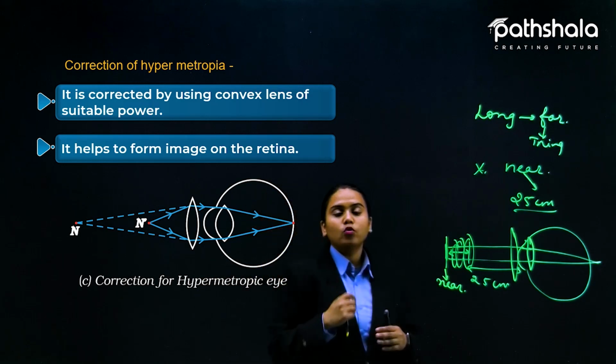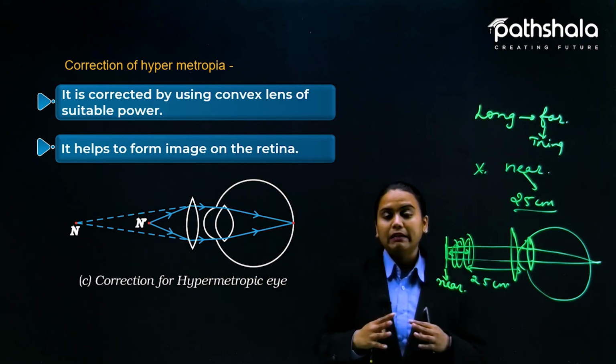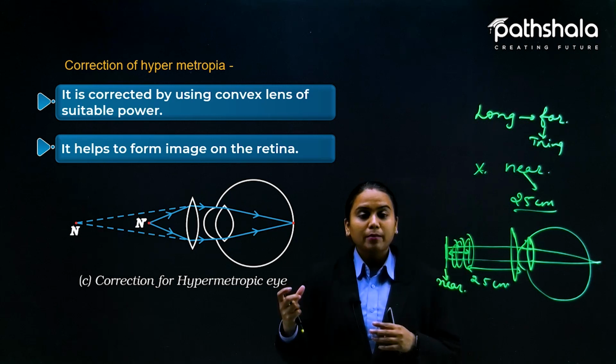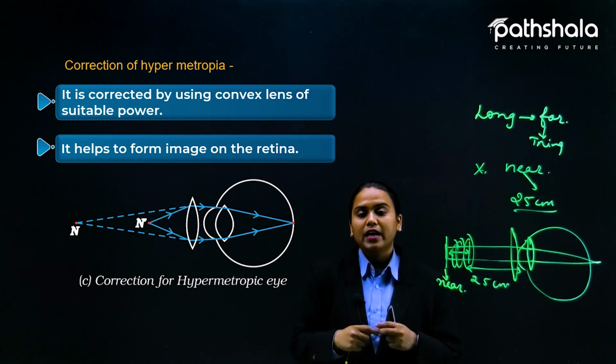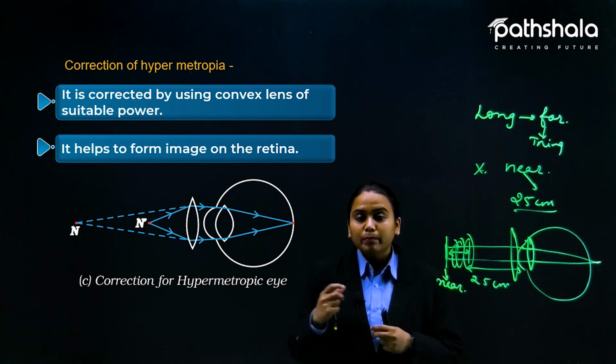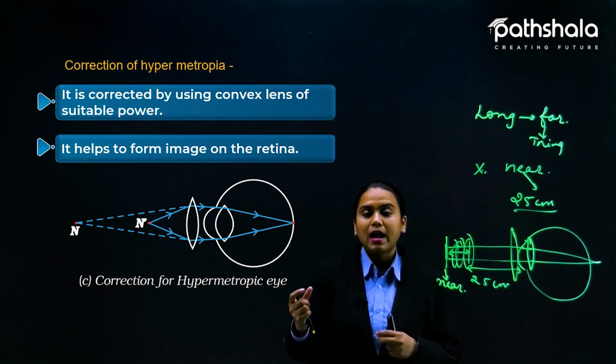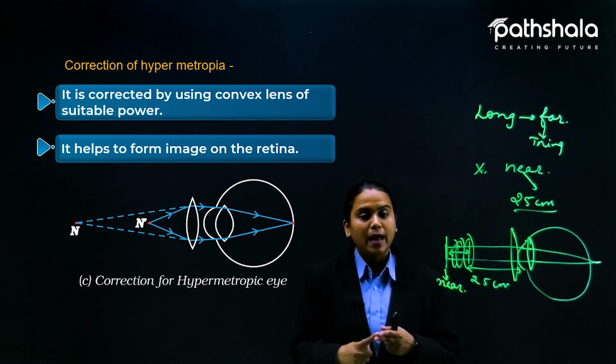So I hope you all understand very clearly how hypermetropia and myopia work and what remedies we can make for them. So make all these diagrams that I have shown you in myopia and hypermetropia.